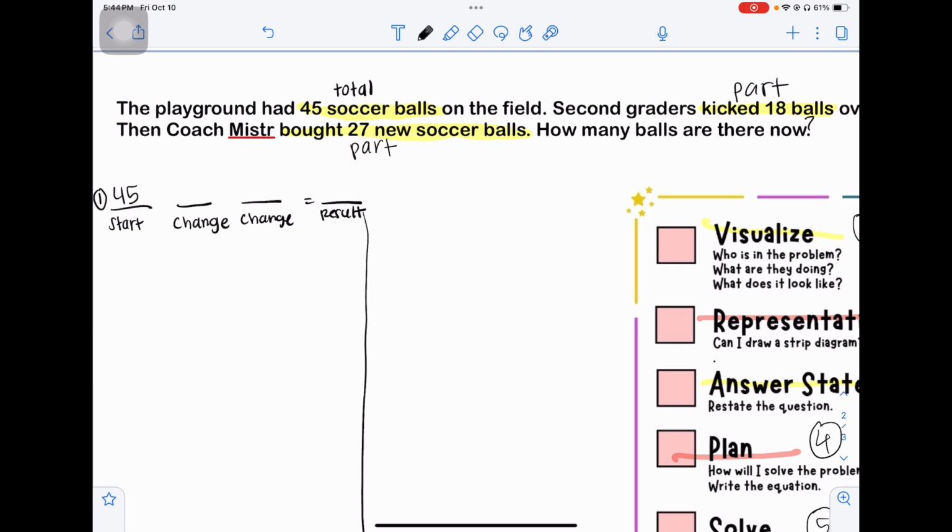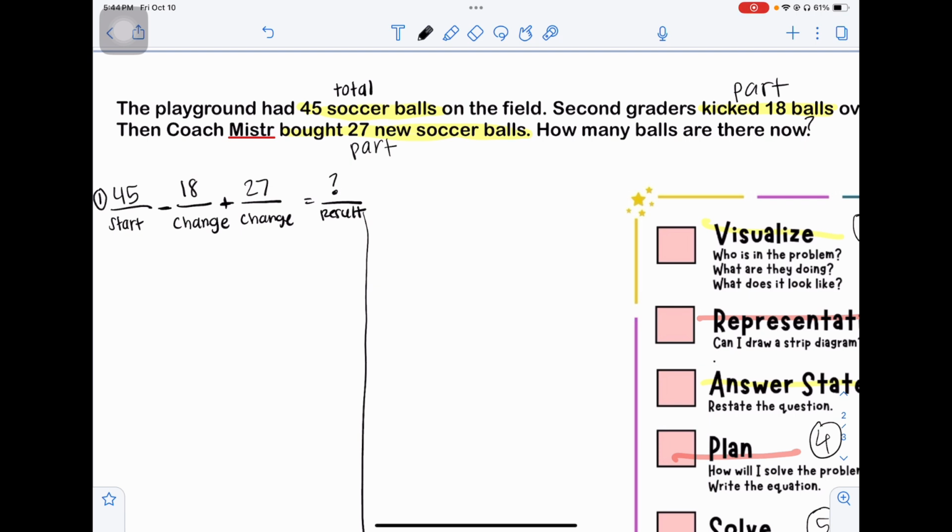Then the second graders kicked 18 balls over. So what happened first? They kicked them over. So we're subtracting 45 minus 18. Then Coach Meester bought 27 new soccer balls. Now we're adding. So 27 is another change. Now we want to know how many there are total.